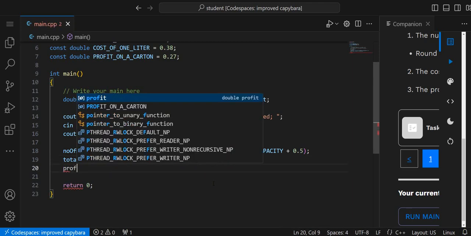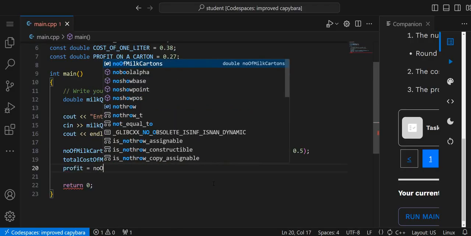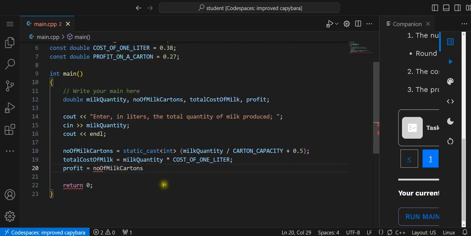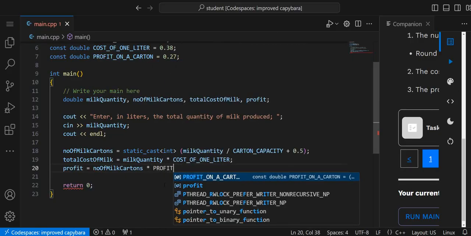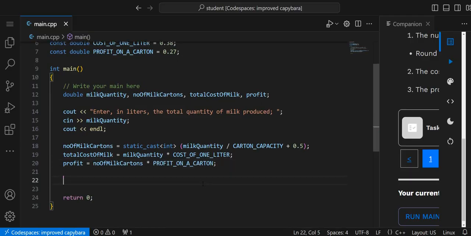Then profit equals number of milk cartons times profit on a carton. So how many cartons sold is going to determine your profit. All right, let's go back to cout.